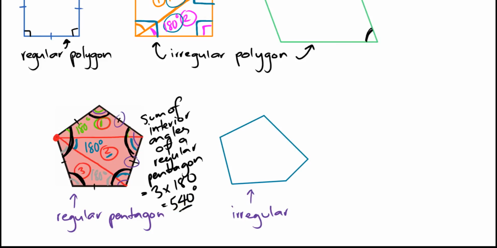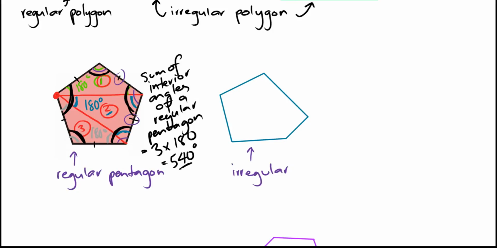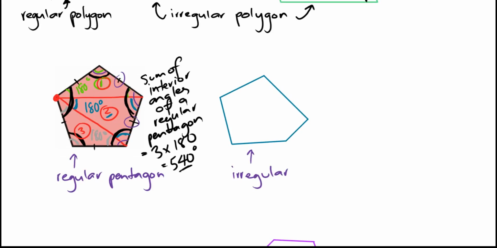And because this is a regular pentagon and all the interior angles of a regular polygon are the same, if I take that number there, 540, to find out what one of the interior angles is, I would need to divide that by 5.